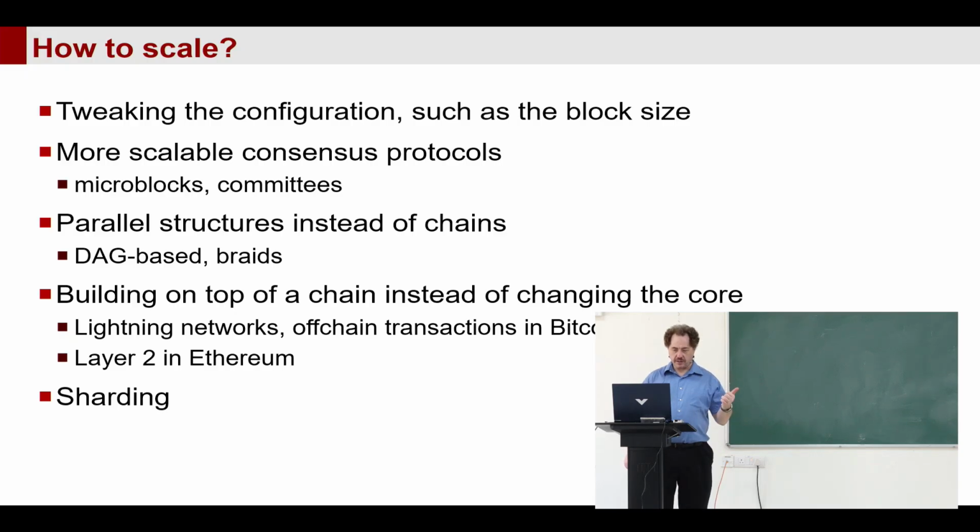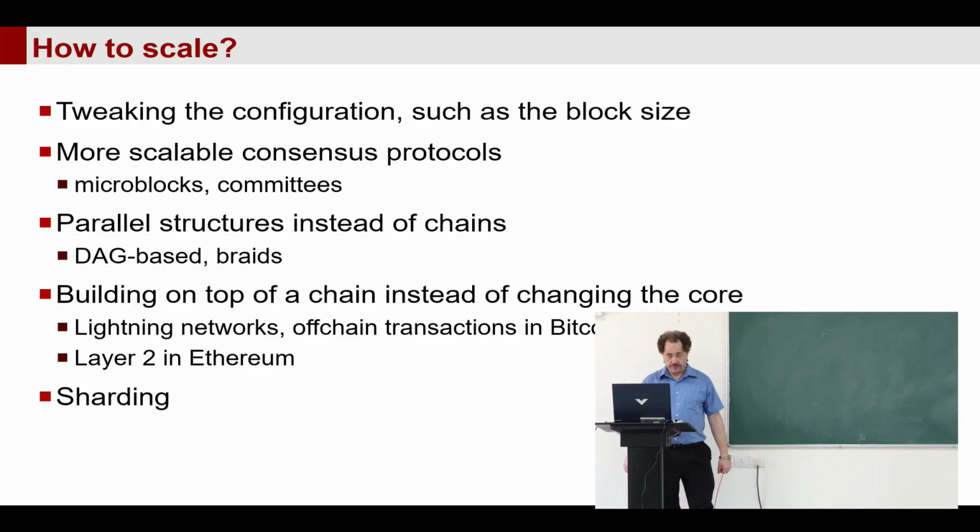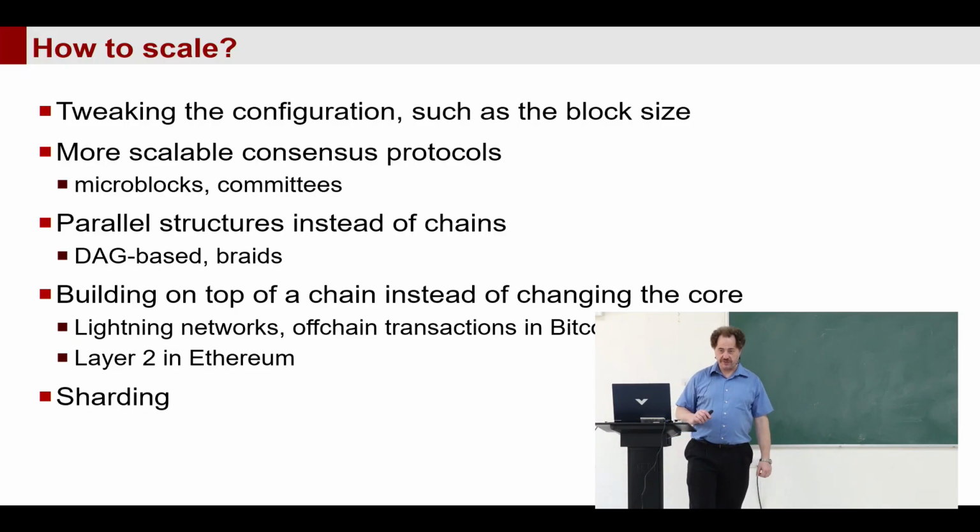The fourth technique is building on top of a chain instead of changing the core of the protocol. So that's the idea of Lightning networks and off-chain transactions in Bitcoin, and that's the idea of what's called layer 2 in Ethereum. So this is what this lecture would be mostly about.